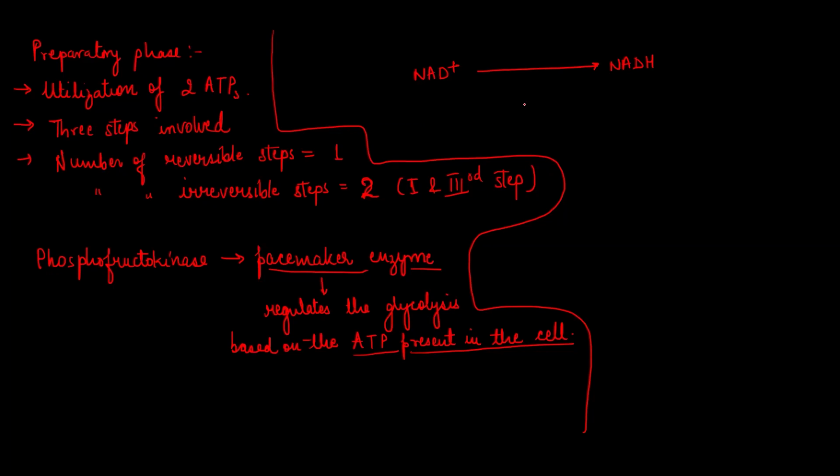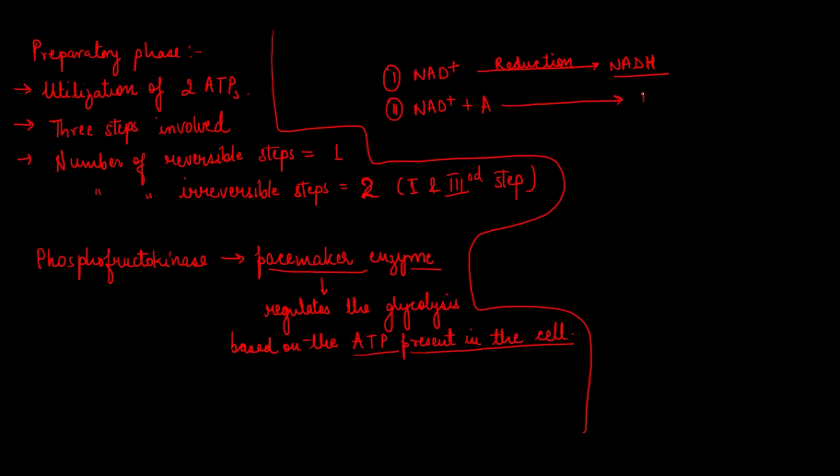This will be called reduction, right? Because NAD plus is getting converted into NADH by addition of hydrogen. Now, so this is one thing. The second thing is, now you have this NAD plus along with another compound, say A.